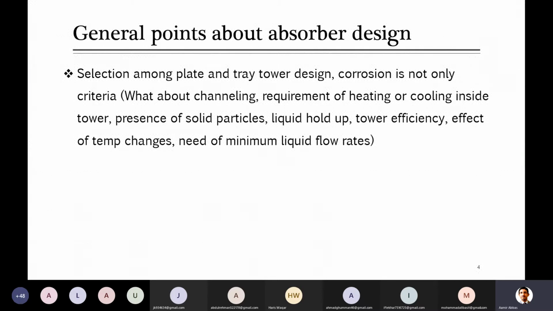But when you are dealing with a reactive system, maybe there is an exothermic reaction, so some heat is liberated, or maybe you have to add heat. So in which of these, the tray tower or the packed tower, would it be easy to make some arrangement for heating or cooling, just as per your understanding?